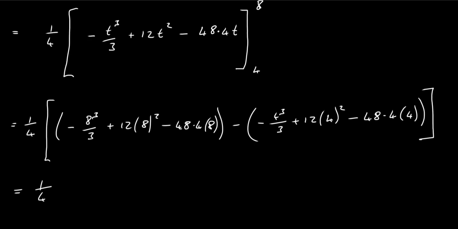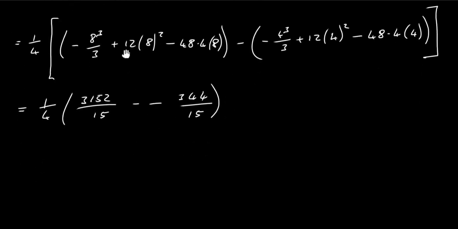Okay, so a quarter times. When you do out the first bracket, you get 3152 over 15. When you do out the second bracket, you get minus 344 over 15. So we do that out and get 874 over 15.